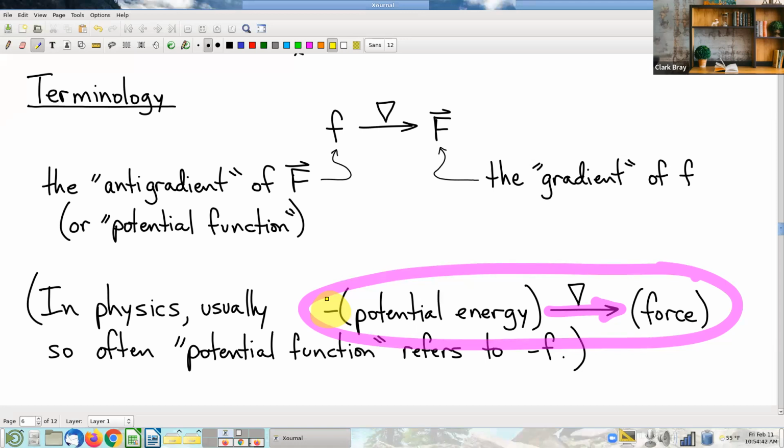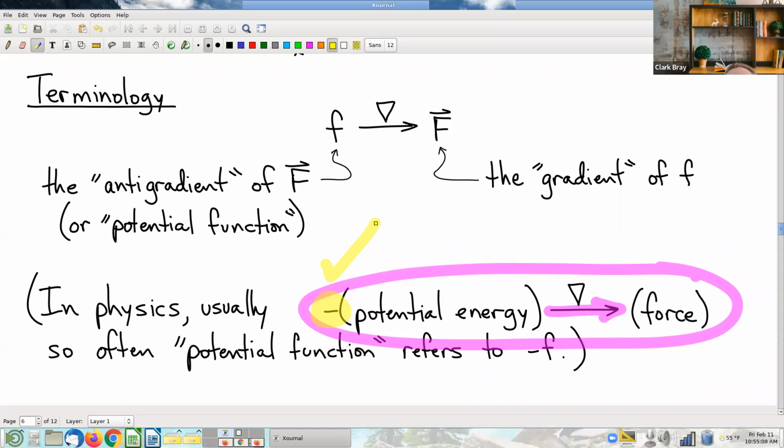Which is awkward because gravity is downward. So oh gosh, there's two ways that this can be handled. One is to say that the force is the negative of the gradient. Another option would be to have the potential energy be the negative of the anti-gradient. And putting the minus sign here is how things are typically done.